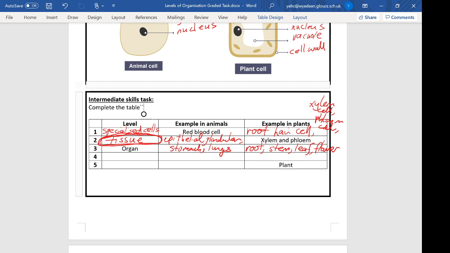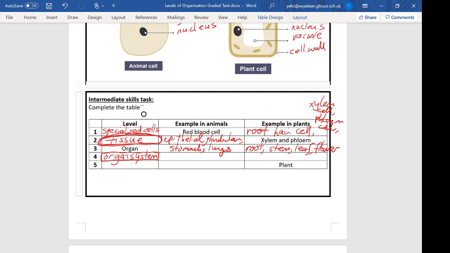And then next one up, have a think about what it might be, come up with some examples. So the next one up is the organ system.